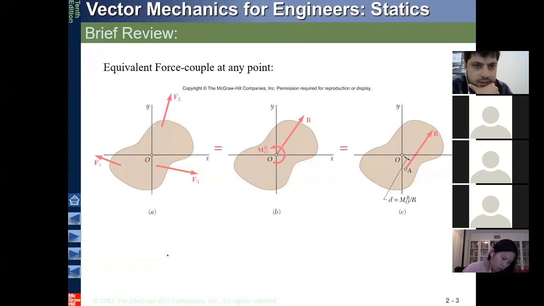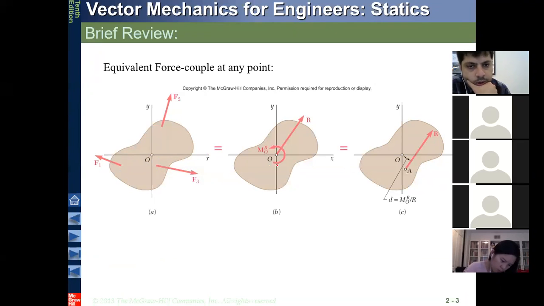Okay, and when you have a system, imagine you have a body that some external forces are exerting on at different points. Then you can have an equivalent force couple at any point in this system.